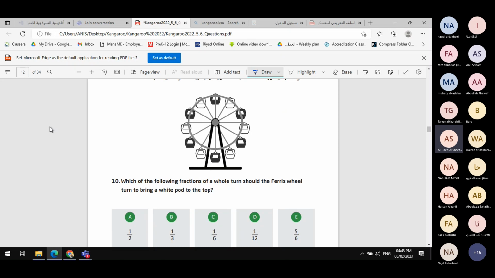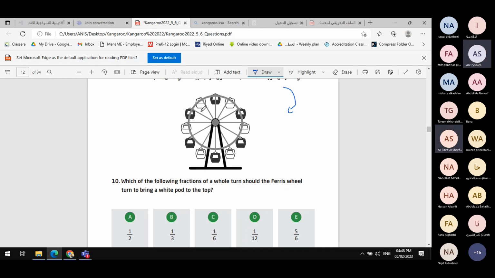Which of the following fractions of a whole turn should the Ferris wheel turn to bring a white spot to the top? Okay, so let's agree on clockwise direction. For example, it's moving in this direction. So we want which one to be up? A white one.